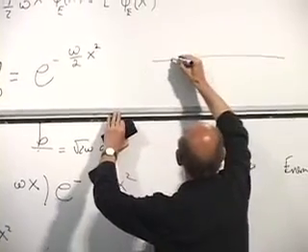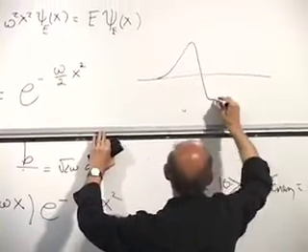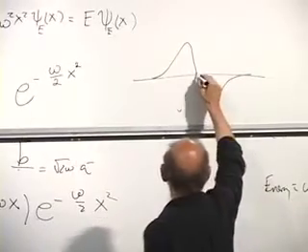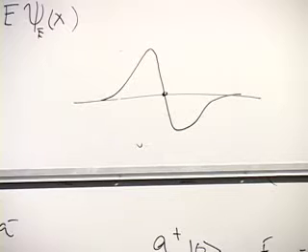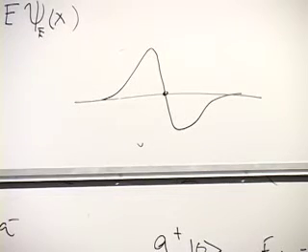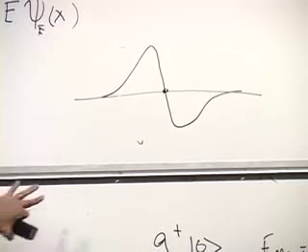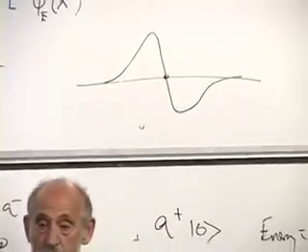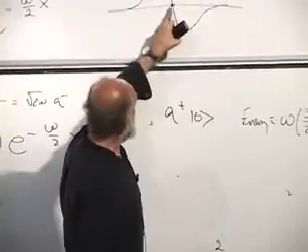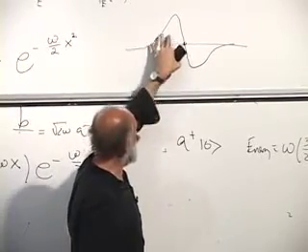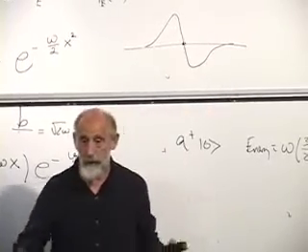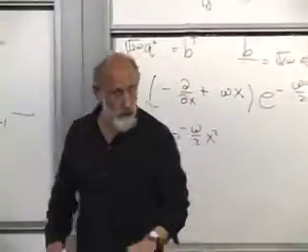It looks like this. It's 0 at x equals 0. It has one node. A node is just a place where it crosses the axis. So that's the wave function of the first excited state. It's 0 at the origin, and far away it looks pretty much like a Gaussian.